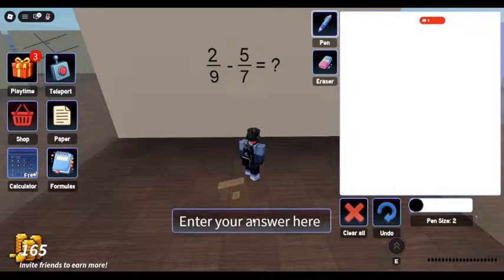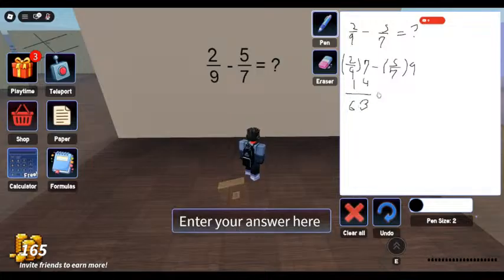There we go. So yeah, now 2 over 9 minus 5 over 7 equals question mark. Now we need to understand that we times this by 7, we times this by 9, so then 2 over 9 times 7 minus 5 over 7 times 9. 9 times 7 is 63.